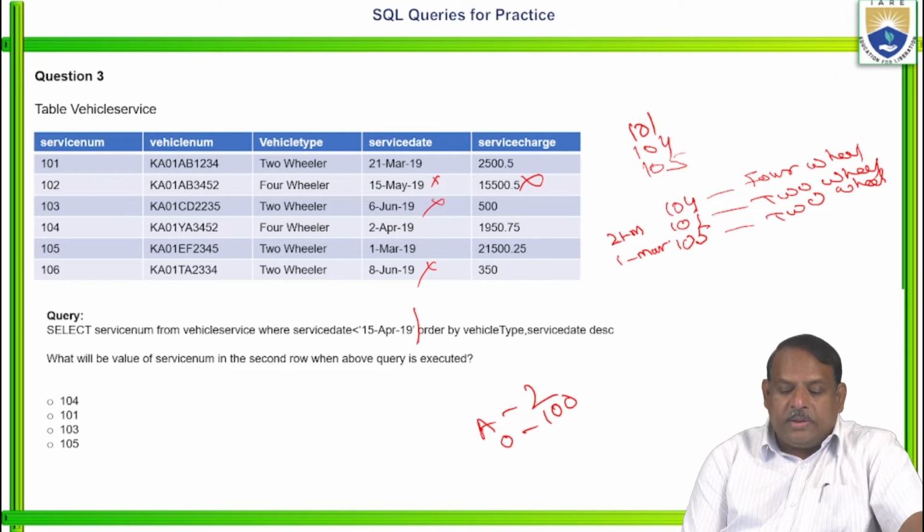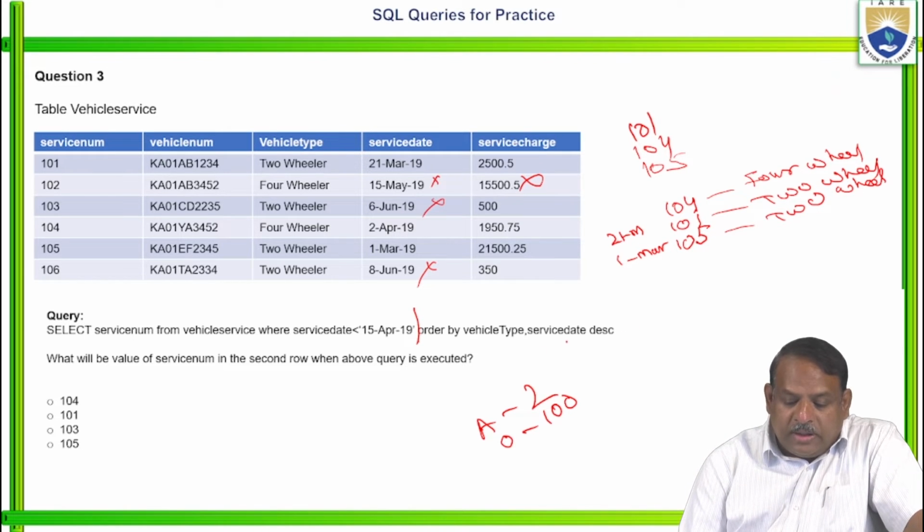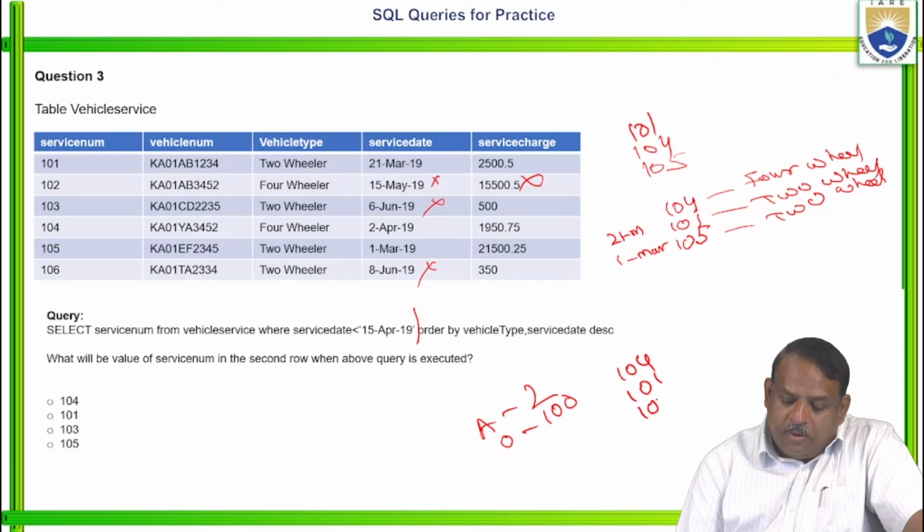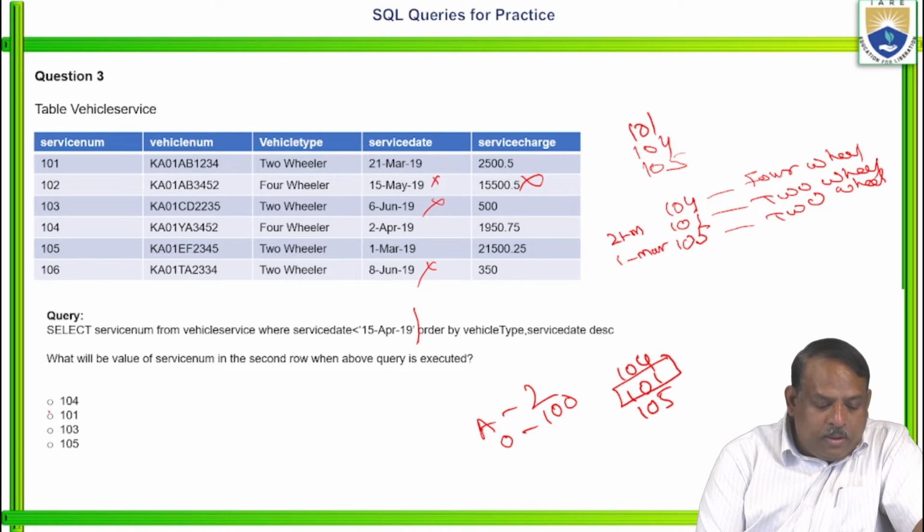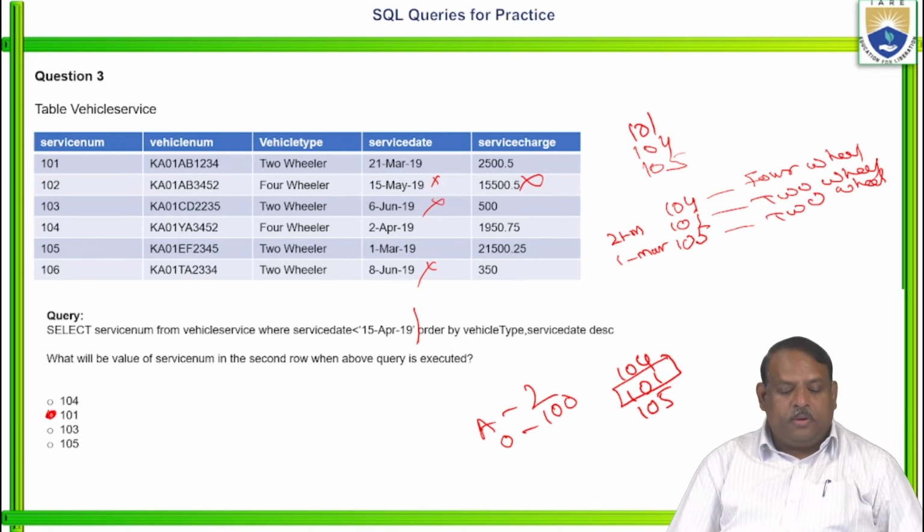Now we have to sort by service date. So the order is 104, 101, 105, and the answer will be 101.